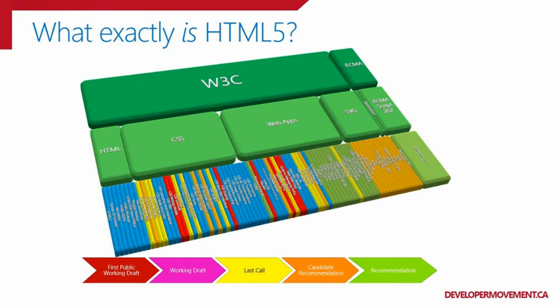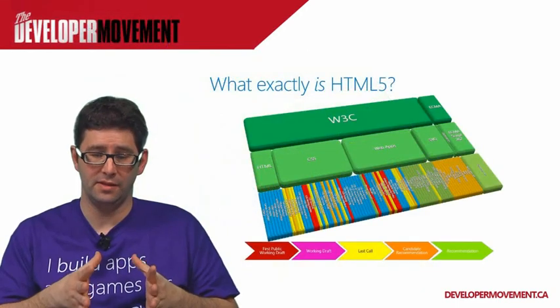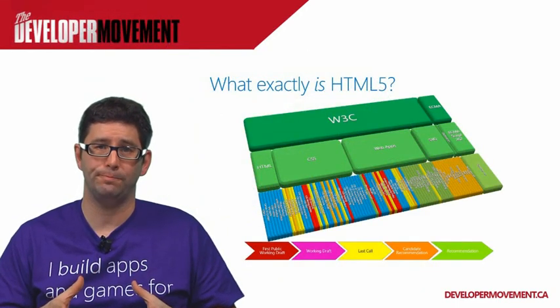Now this is, granted, a little bit old. There has been some movement compared to what this graph looks like right now, but we still have a long way to go. Even though you might be building a fully HTML5 compliant website today, you might have some discrepancies between the various browsers, because they implement and interpret the standards in different ways, since some of the standards have not yet been ratified.